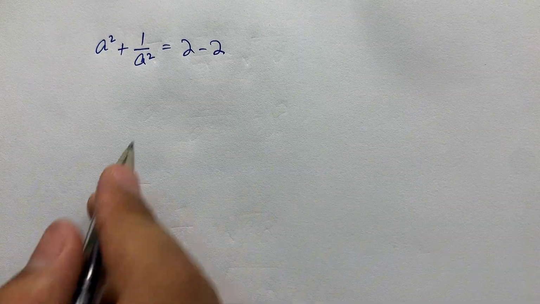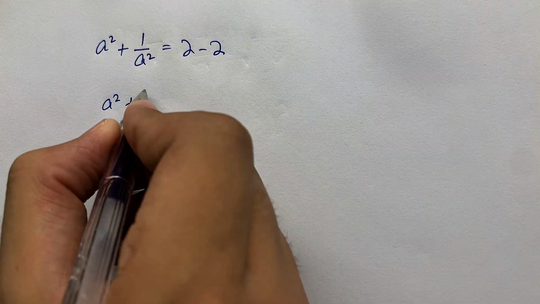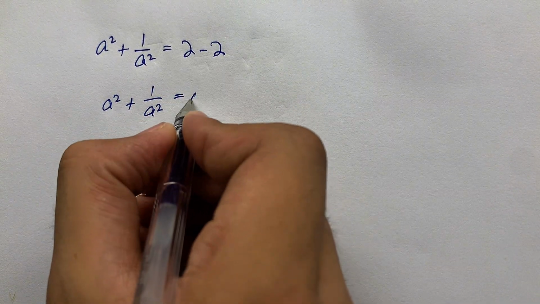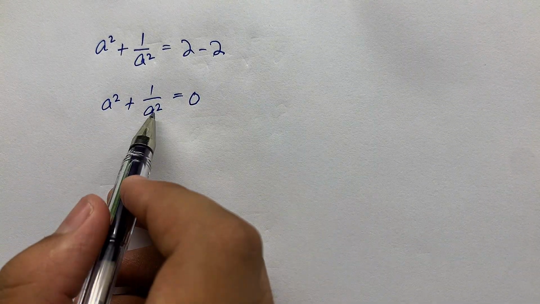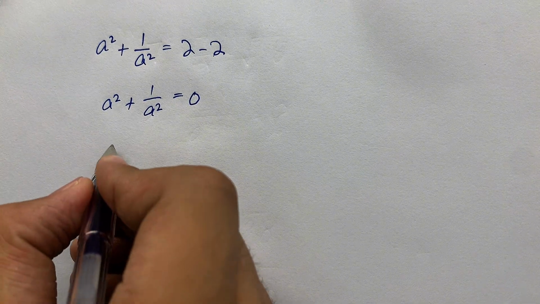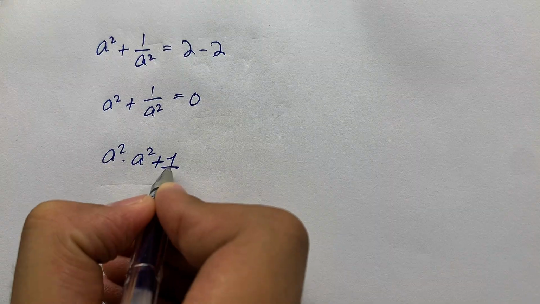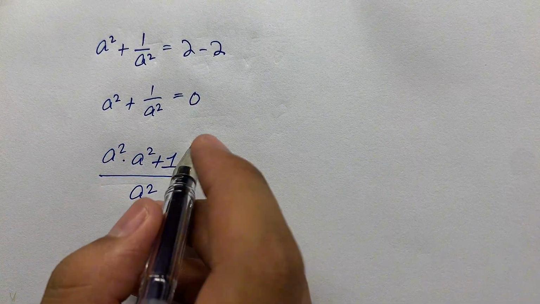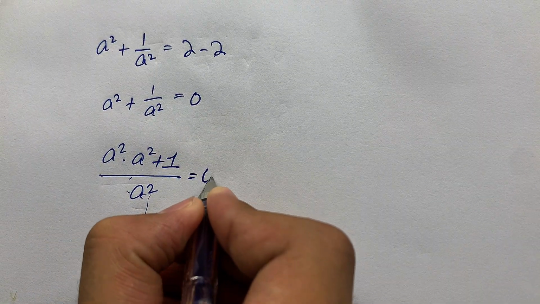In next step, this will be a square plus 1 divided by a square, now multiply by a square, is equal to 0.